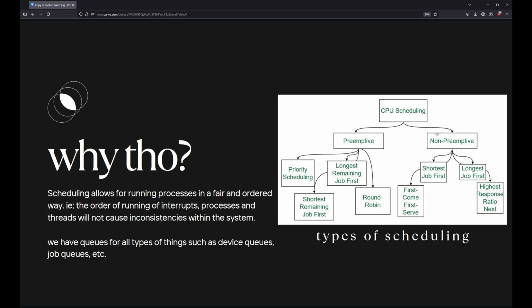So you can see here we have an image of all the different types of CPU scheduling. Firstly, we split the types of scheduling into preemptive and non-preemptive.